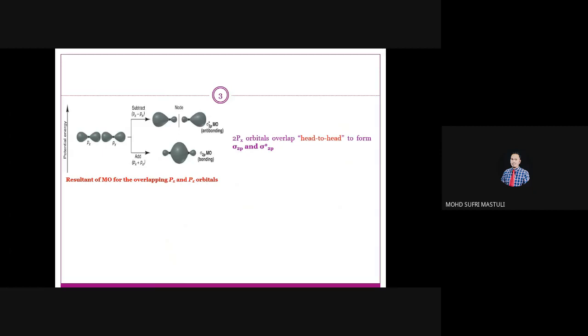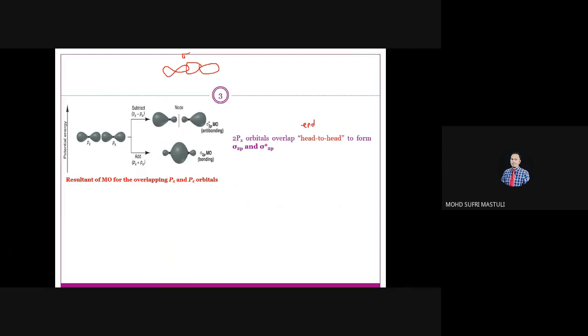So just now we studied a little bit on this sigma. Now we have px with px. Also the px, px is a sigma bonding. The px orbitals overlap head to head or end to end.